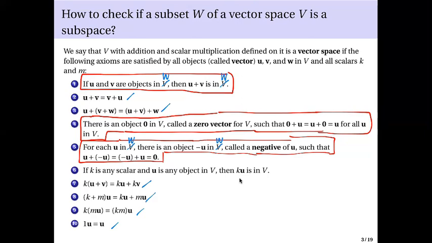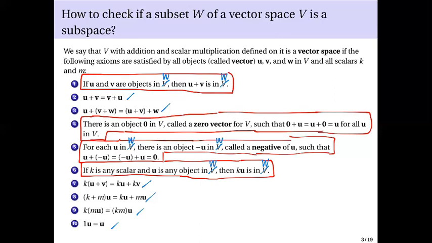And finally, scalar multiplication must hold true. So this must also be checked. Again, we are going to replace this W and also this one W.